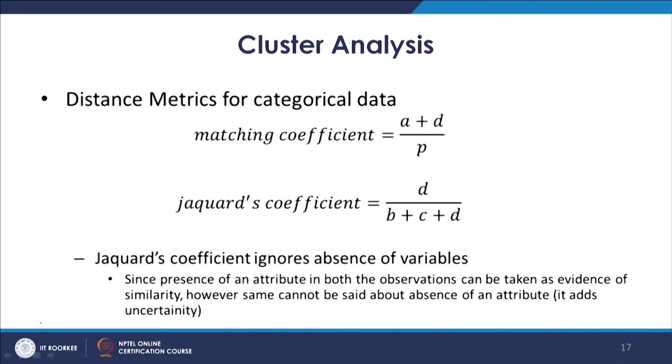Since presence of an attribute in both the observations can be taken as evidence of similarity, however the same cannot be said about absence of an attribute, since it brings uncertainty. Therefore, the value A has been ignored.